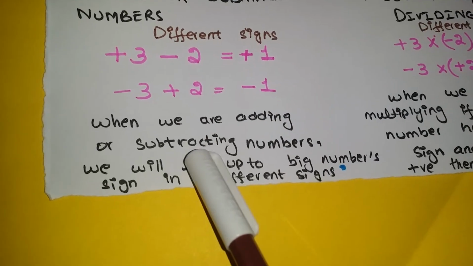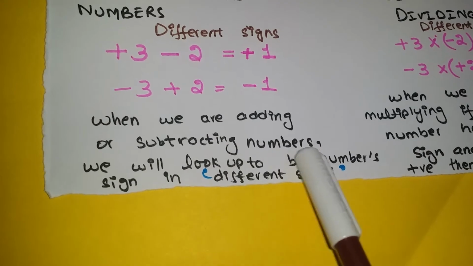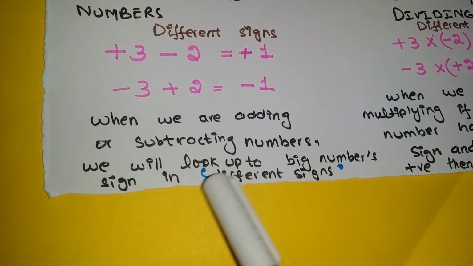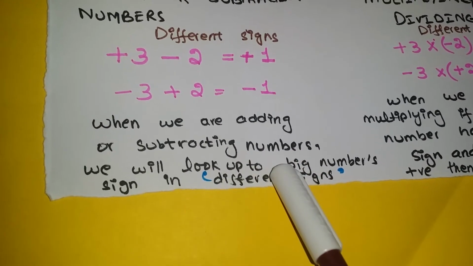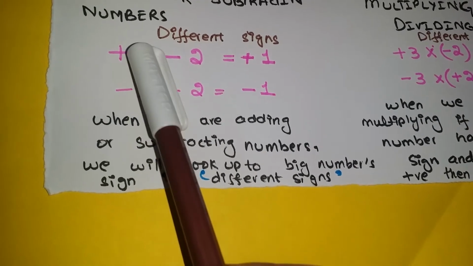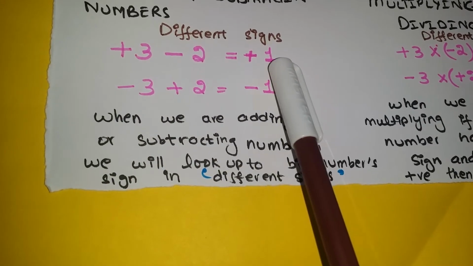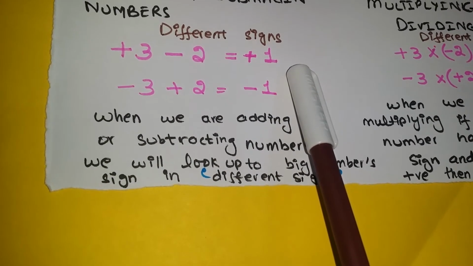Why? Because when we are adding or subtracting numbers with different signs, we look at the sign of the bigger number. The bigger number is 3 here, and the sign is positive, so we will write plus 1 over here.